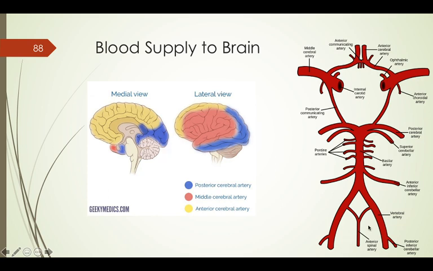And this is the circle of Willis here, demonstrating again the various arteries leading to the sort of posterior circulation of the brain, as well as the brainstem circulation.